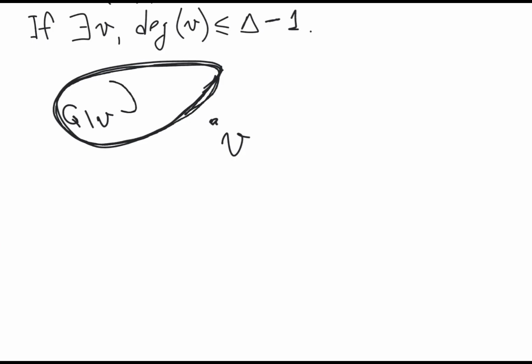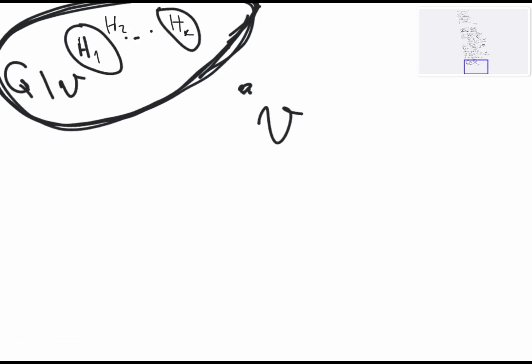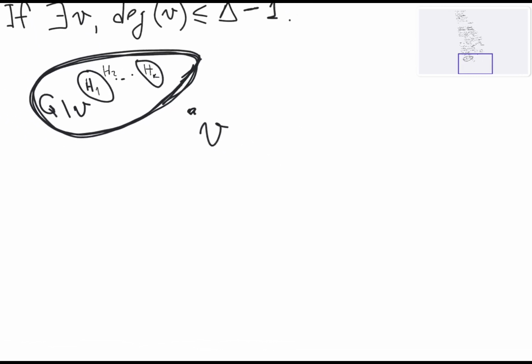So let's denote all connected components in the graph as H1, H2, and so on, HK.